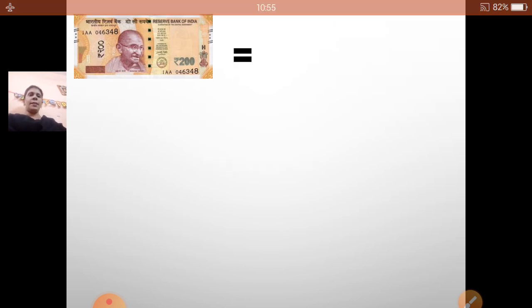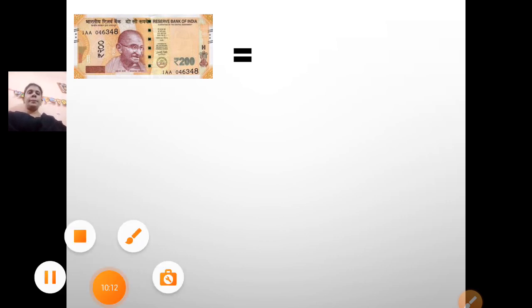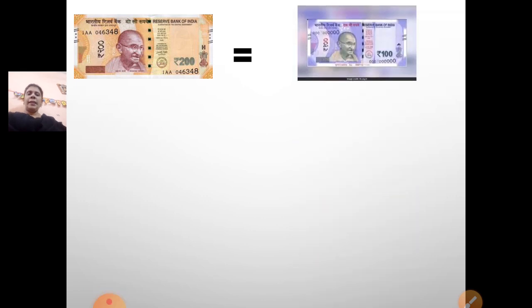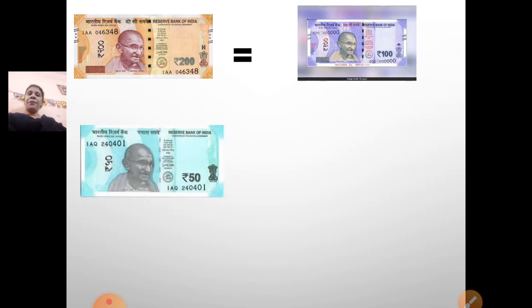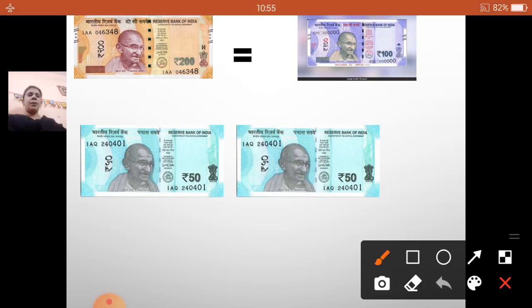Okay. Now next. Now again 200 rupees. So tell me what change you are going to use. Yes, 100 rupee note. Then 50 rupee note. Correct. Then one more 50 rupee note. Okay, let us count and see now the total, children.